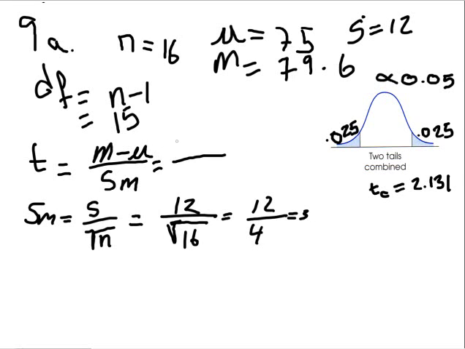And so t is 79.6 minus 75 over 3. And that's going to be 4.6 divided by 3. And that will equal 1.53.